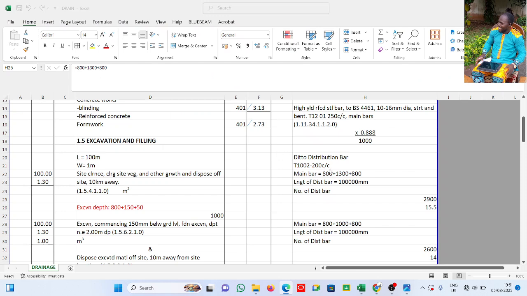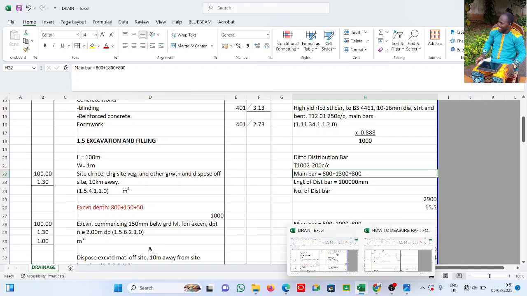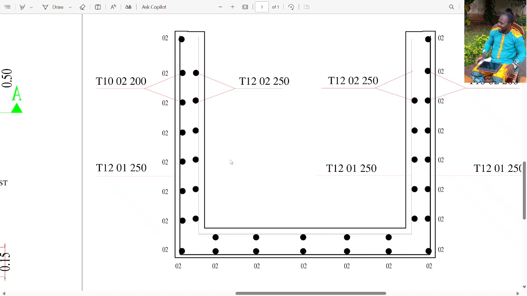Alright, so this is what I have in the main bar: 800. Is it 800 on the main bar? Let's go back to the drawing. It's 800. It is on the outside.